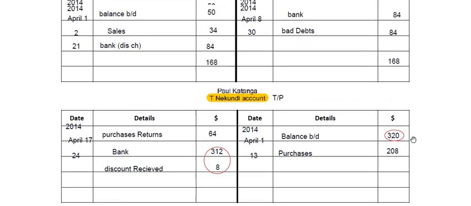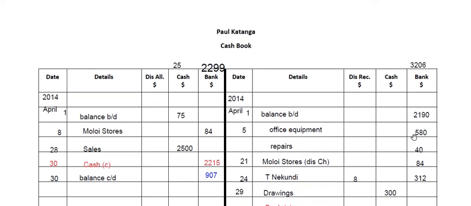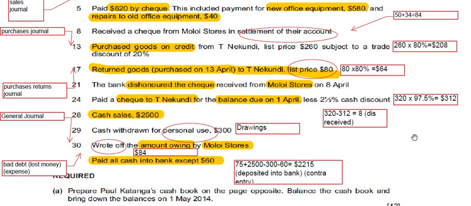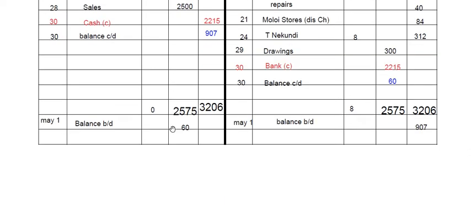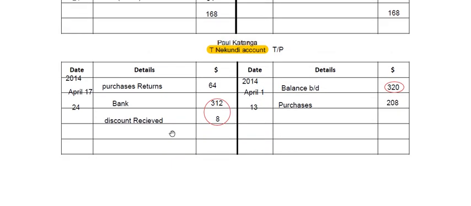So let's check if there are any more transactions with this guy. There aren't any. That's it. So let's balance this guy's account now. And the balance you can do in the usual way, 320 plus 208 and minus the 64, 312 and 8. Okay, this is the longer way, and the easier way would be the purchases on 13th and purchases return on 17th, and you are left with 144.